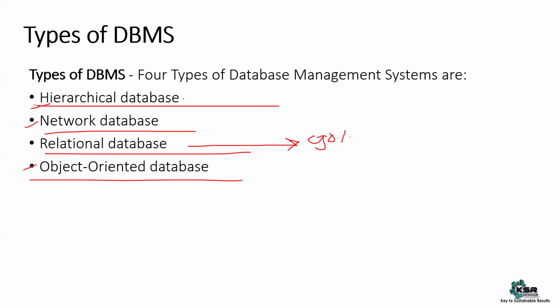Now, what do you mean by object-oriented database? Java is nothing but your object-oriented language. Now, what do you mean by object-oriented database? See, if you take an example of a person, how do you describe a person?